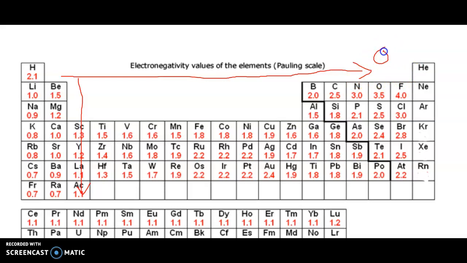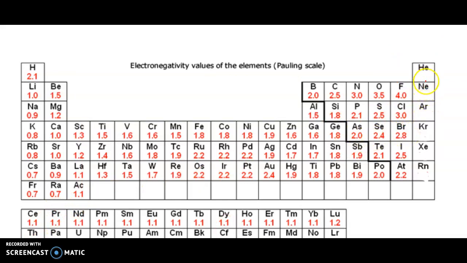Remember, my nucleus is made of my protons and my neutrons, so it has all the positive charge. The electrons are on the outside, that's all of my negative charge. So the further away the electron is, the less pull, right? The closer it is, the more pull it has. So if we look at fluorine, it has the highest electronegativity.